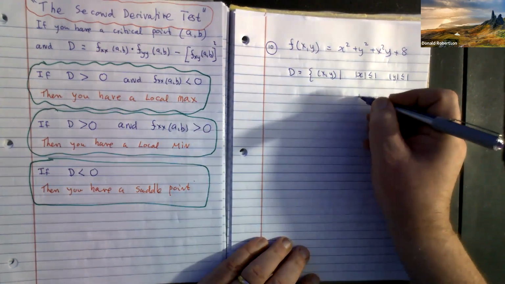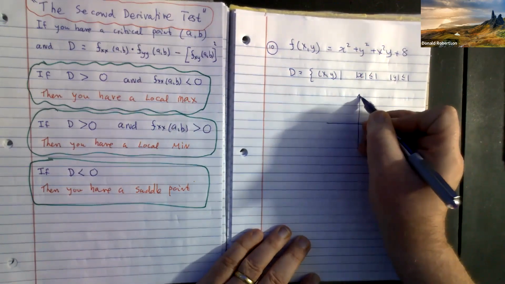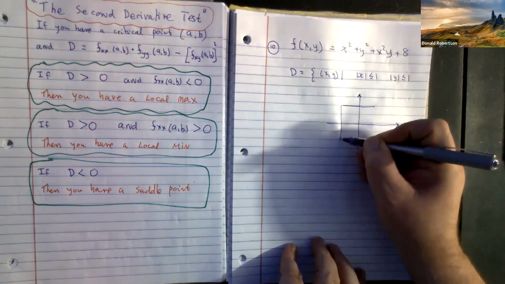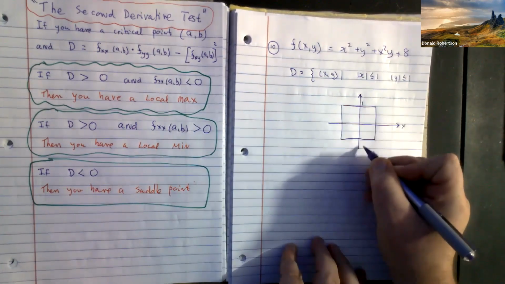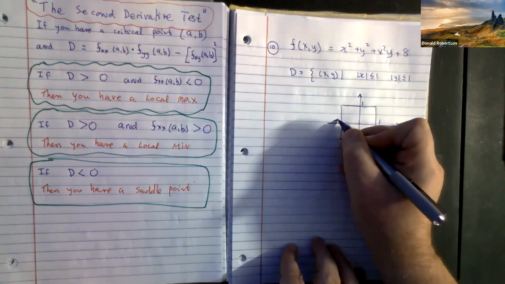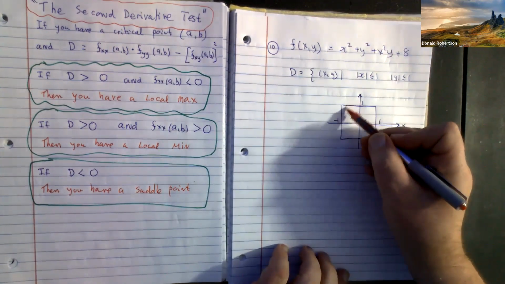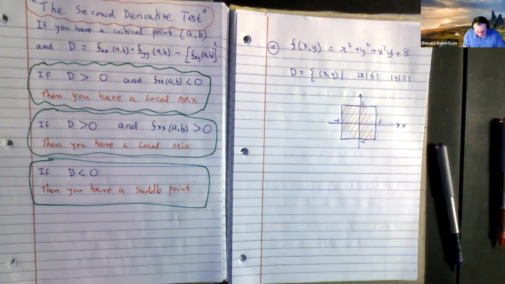Now, if you draw what that looks like, it's basically a box. And the values are 1, -1, 1, -1. Does that make sense? And you are only allowed to choose critical numbers inside that box or along its edges, right?